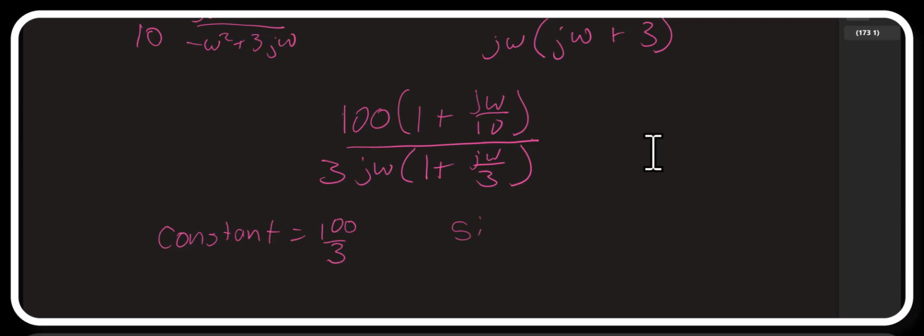When it's in the numerator, that gives us a simple 0, and it tells us that omega c is at 10.